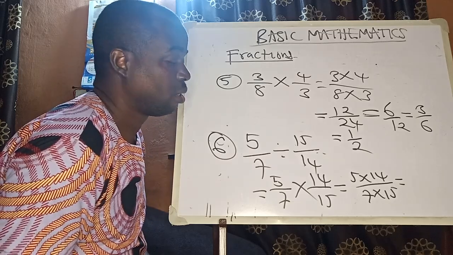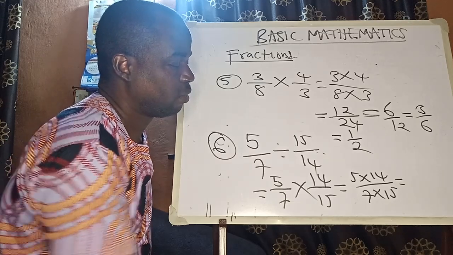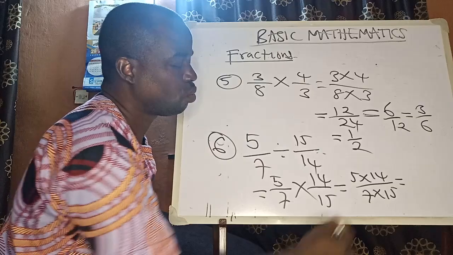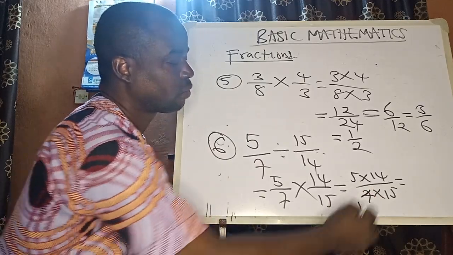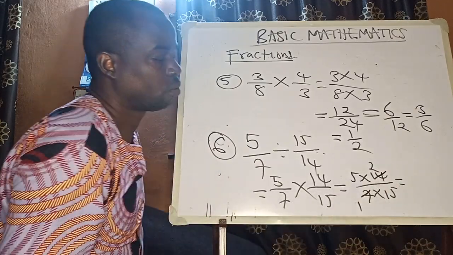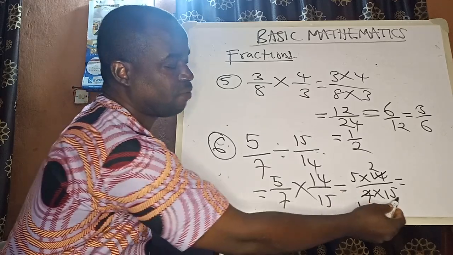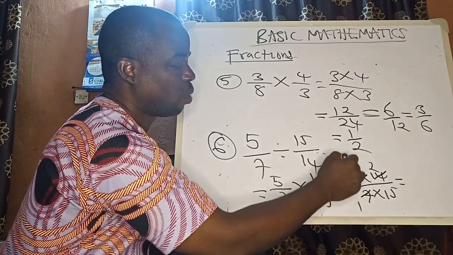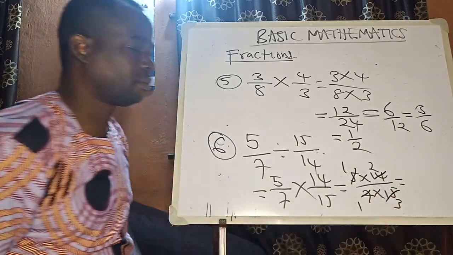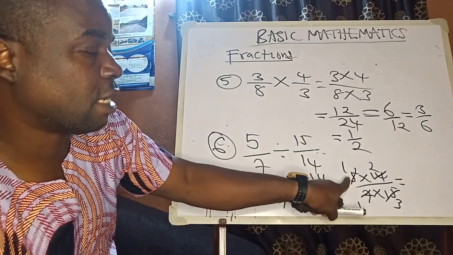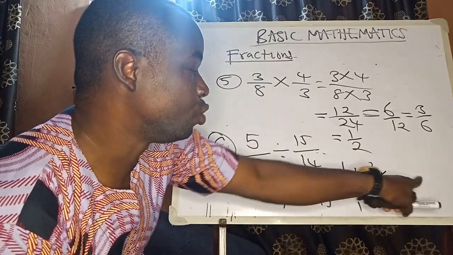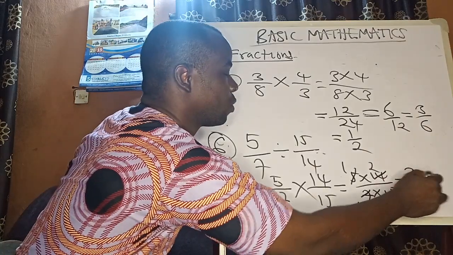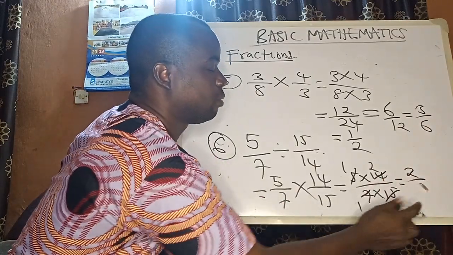For example, 7 can divide 14. So I will just do 7 in 7, 1. 7 in 14, 2. Here I will now come and do 5 can divide 15. I'll do 5 here, 1. 5 here, 3. We now multiply the answers. 1 times 2 is 2. And 1 times 3 is 3.